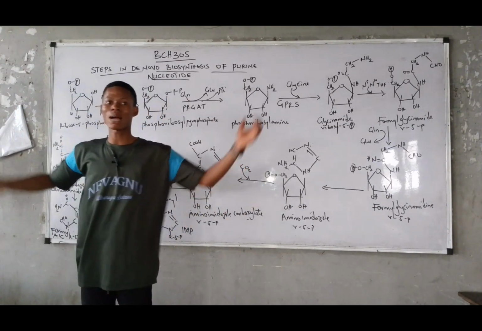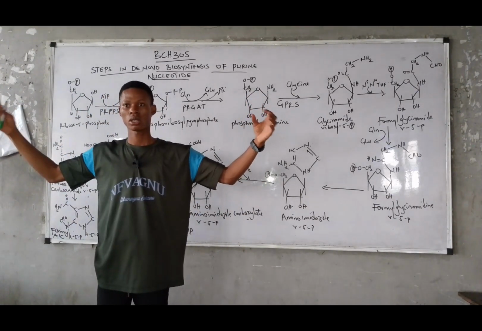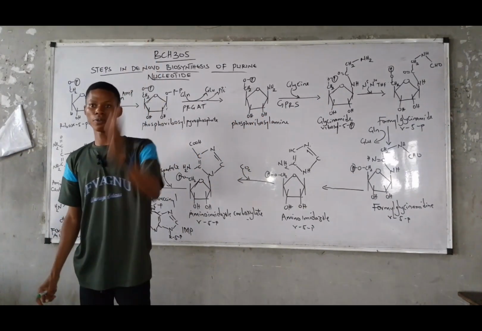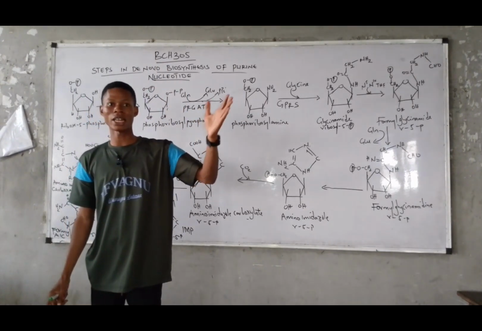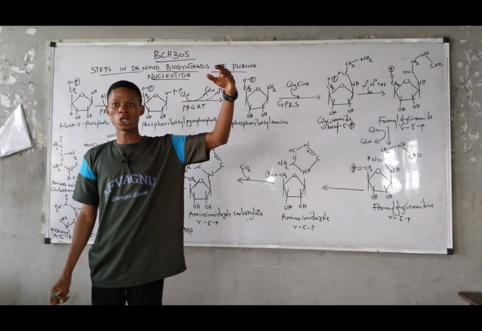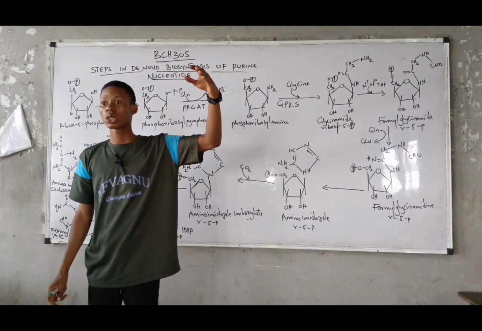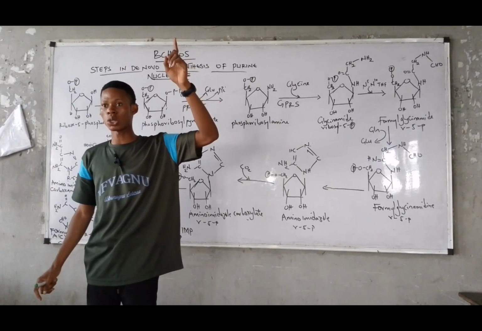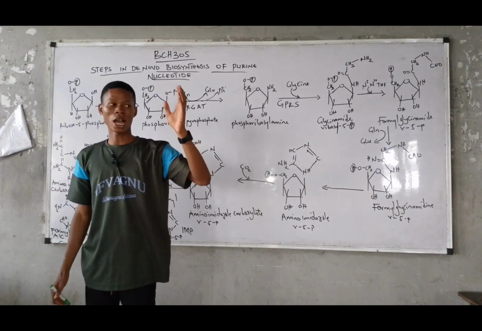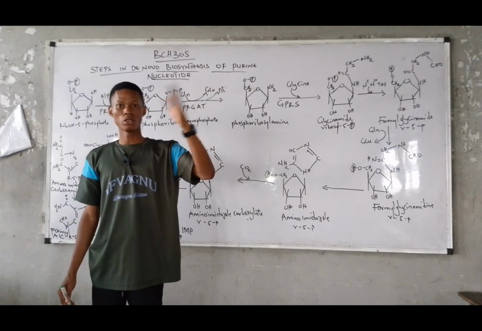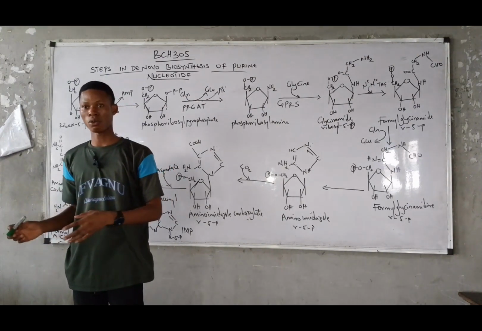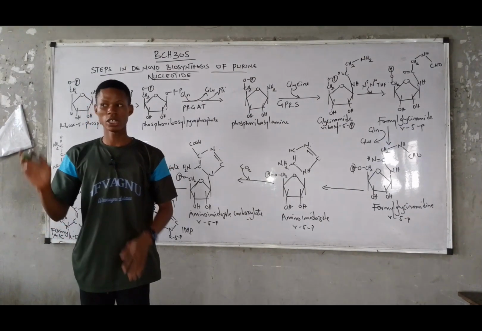Carbon 2 and carbon 8 are provided by tetrahydrofolate derivatives. Carbon 4, carbon 5, and nitrogen 7 are from glycine. What is remaining? Nitrogen 1 is aspartate. And we use the acronym: good guess, actually careful.